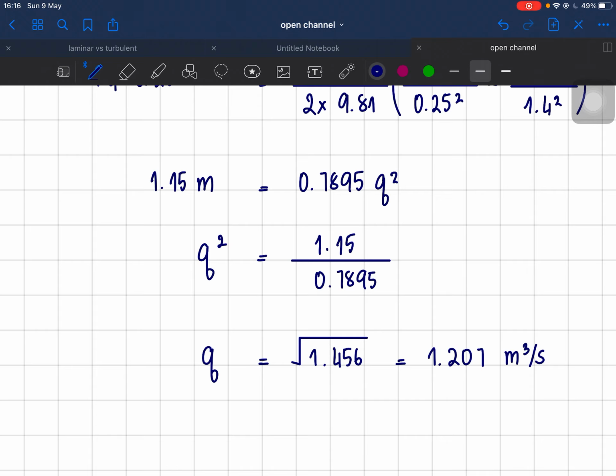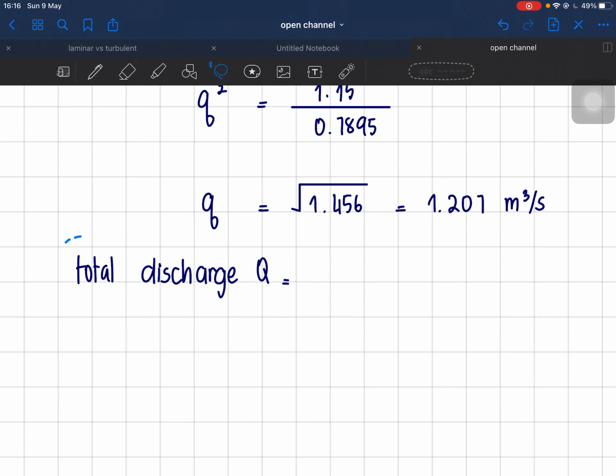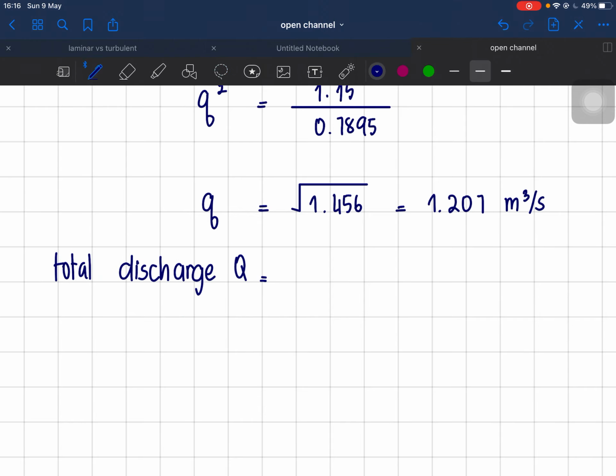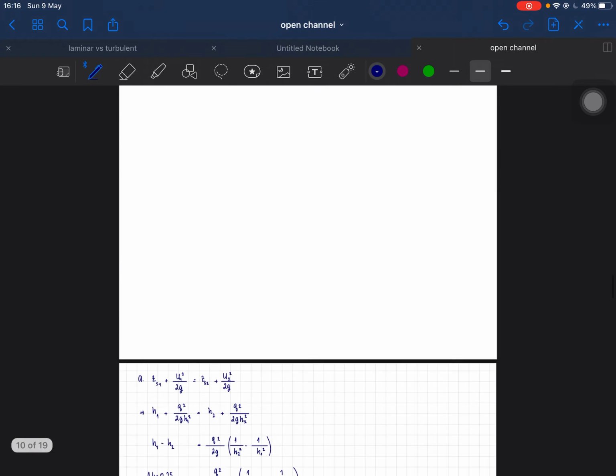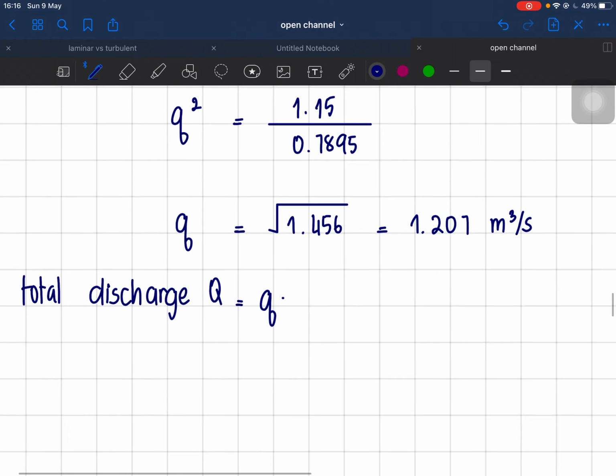The total discharge Q equals the little q times the width of the gate, which equals 1.207 times 2.5, equals 3.017 cubic meters per second.